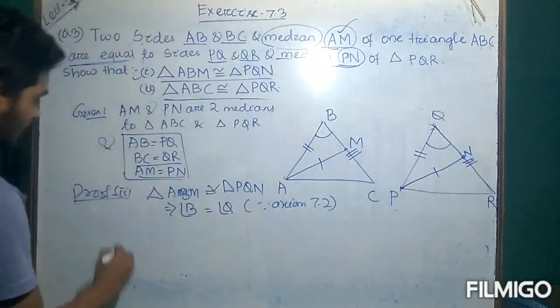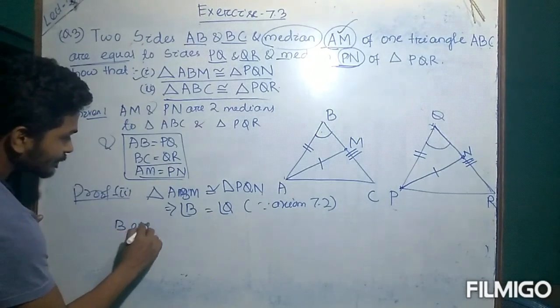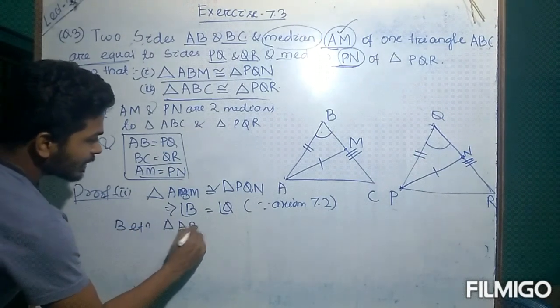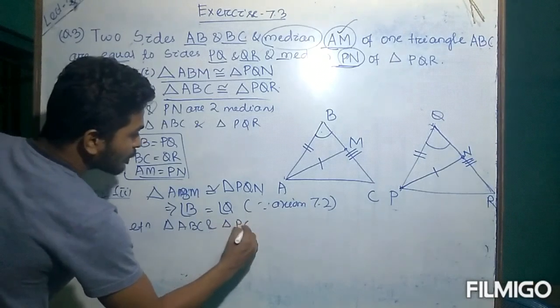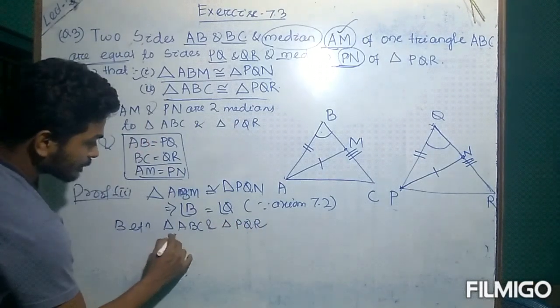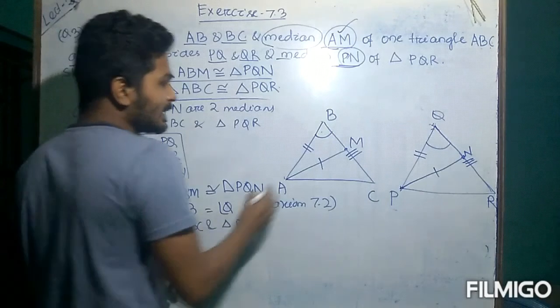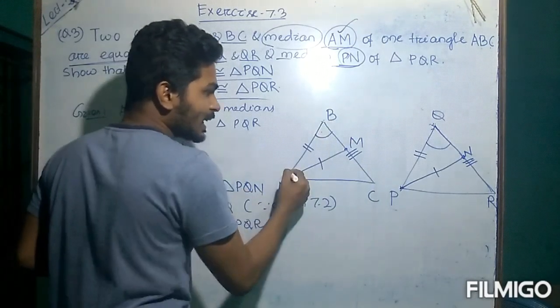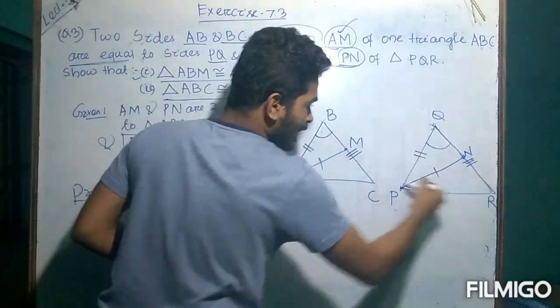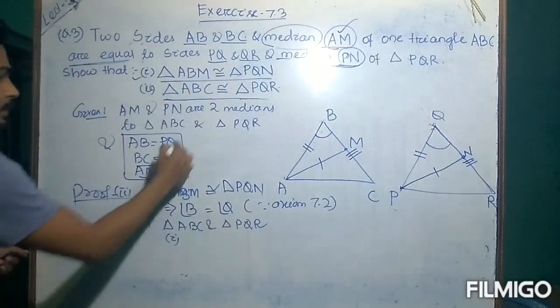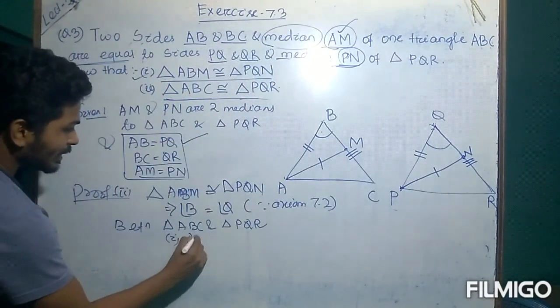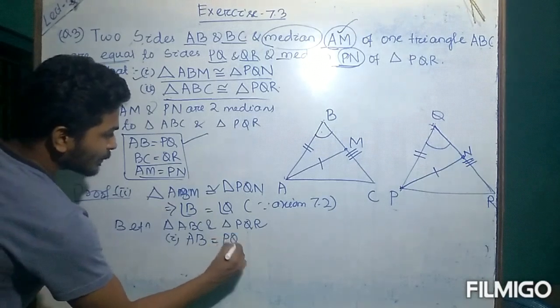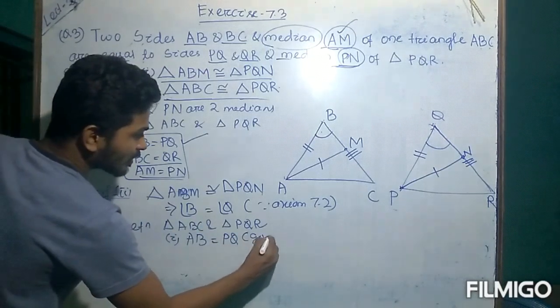Now, in order to prove this statement, we have to compare the total triangle, this triangle, with the triangle PQR. Between triangle ABC and triangle PQR. See, it is given AB side of the triangle ABC is equal to PQ side of the triangle PQR. It is already given. So you can directly write AB is equal to PQ. This is given.